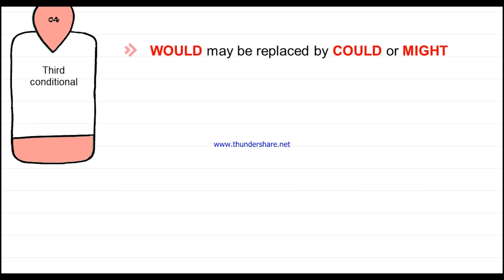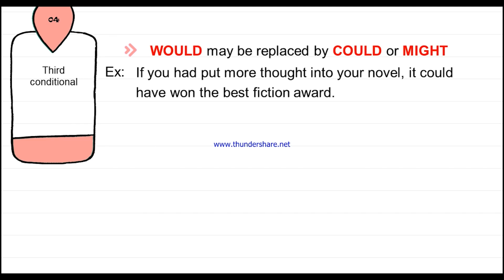In the third conditional, would may be replaced by could or might. For example, if you had put more thought into your novel, it could have won the best fictional work, or it could have been able to win the best fictional work.